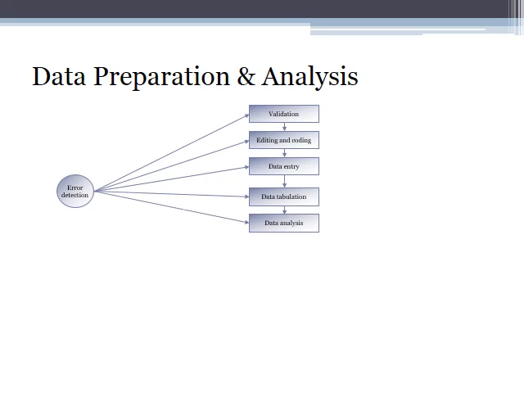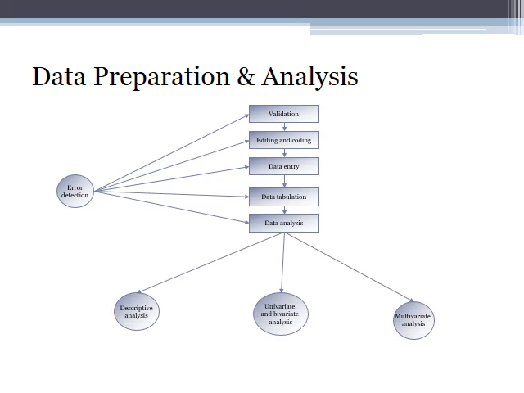Today's class, we're focusing on these top pieces. We're looking for error detection in validation, editing, coding, data entry, data tabulation, and data analysis. The next part is the analysis piece, which is when we can do a descriptive analysis, univariate and bivariate analysis, and multivariate analysis. Then we start to interpret our data.